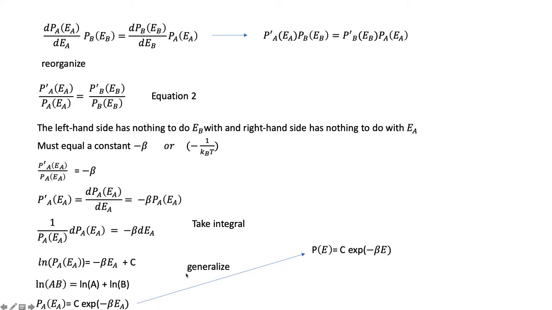If we generalize this, we take the A away, and we get the probability of finding an ensemble in the energy E equals some constant C times the exponential of negative beta E. And this is what we're going to build our partition function on.